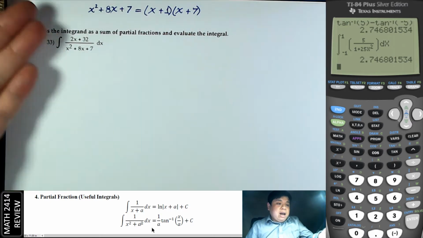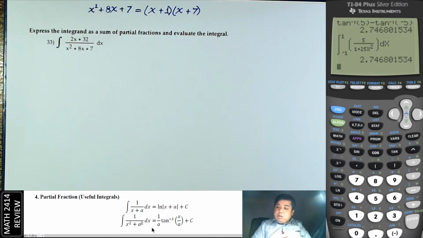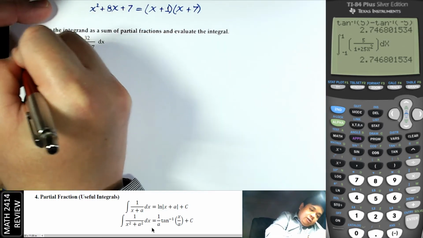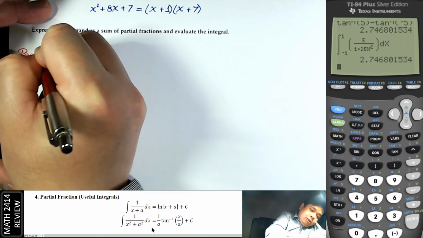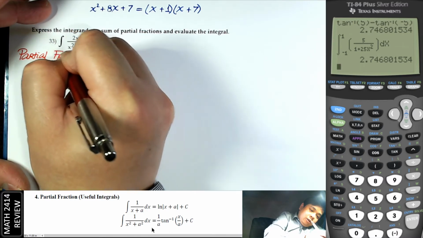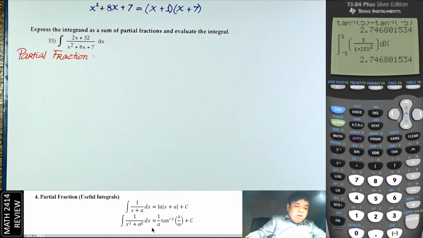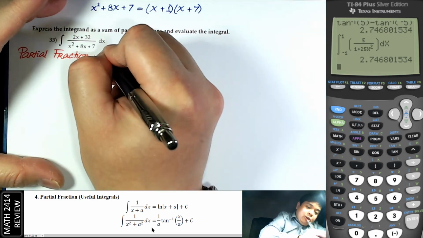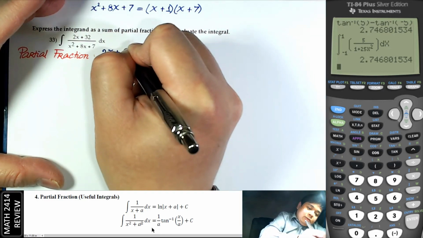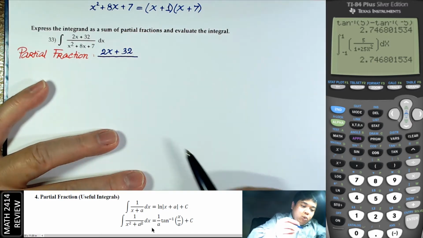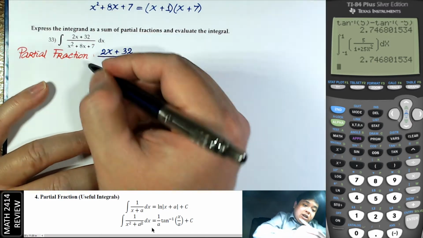If you multiply it out, that gives x squared plus ax plus 7. Right, so first we do the partial fraction. The partial fraction of 2x plus 32 over x squared plus ax plus 7. I'm going to use that instead.